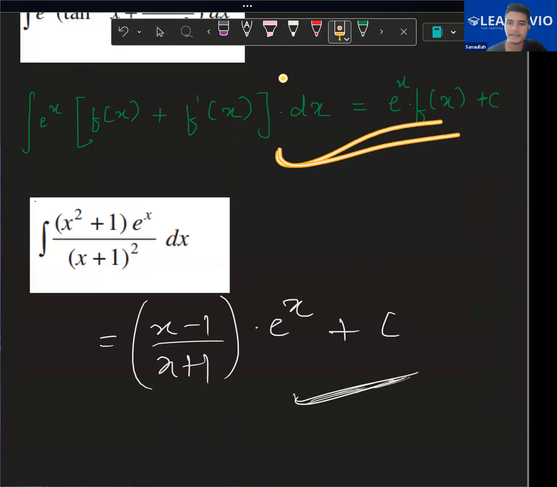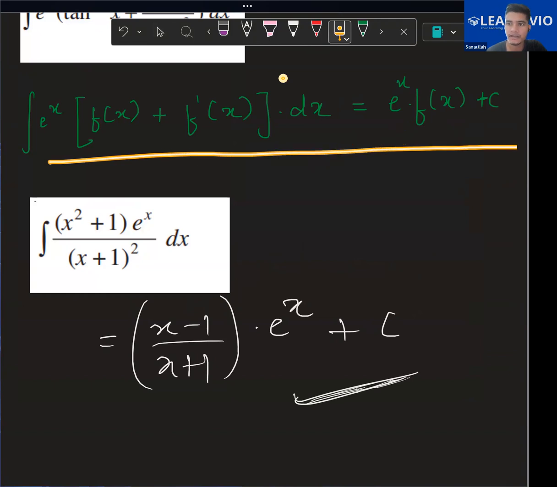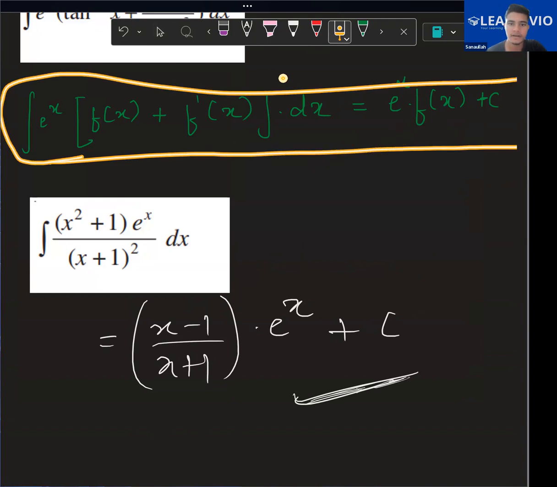And आपको कैसे लगेगा कि इस फॉर्मूले को यूज किया जा सकता है? How you will know this?